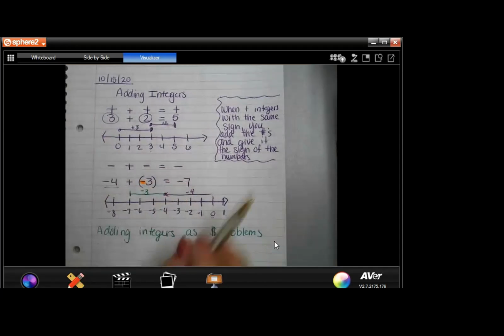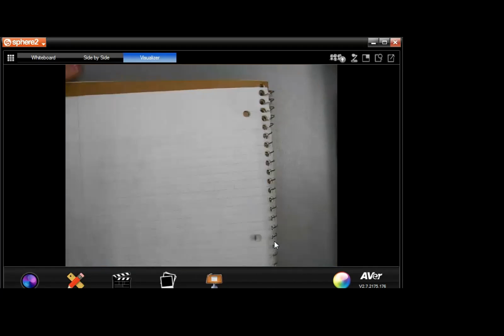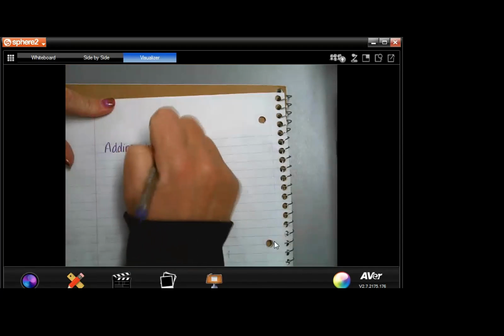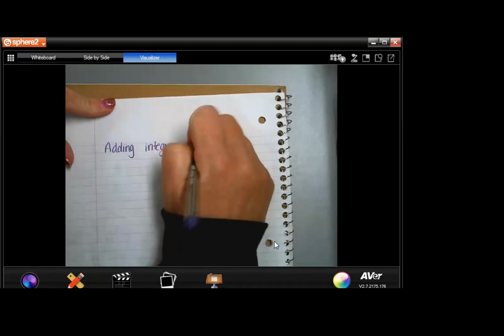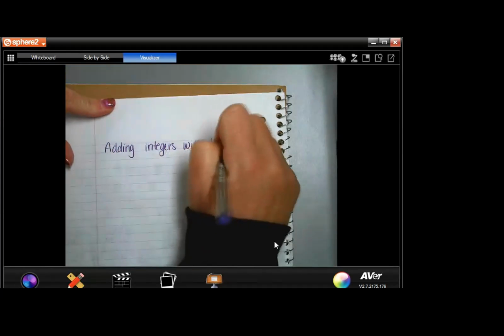Okay, so when you add integers, I'll come back to this in just a second, but let me get through this. All right, now we move on to adding integers with different signs.